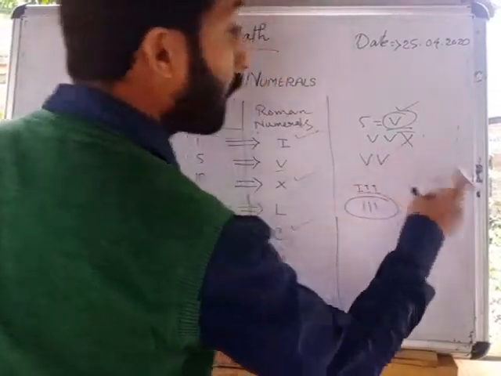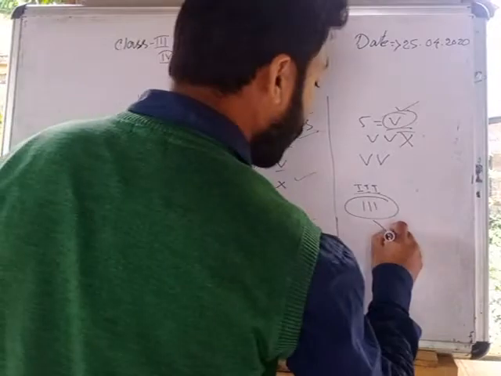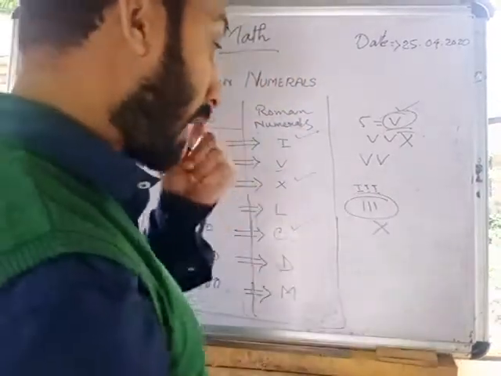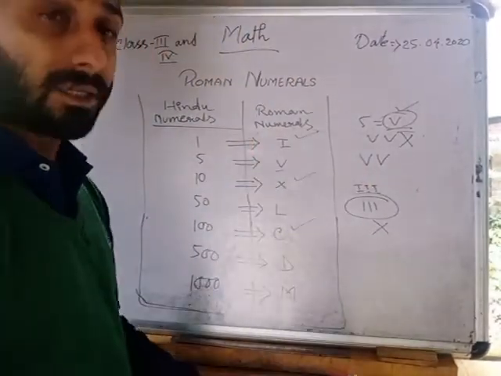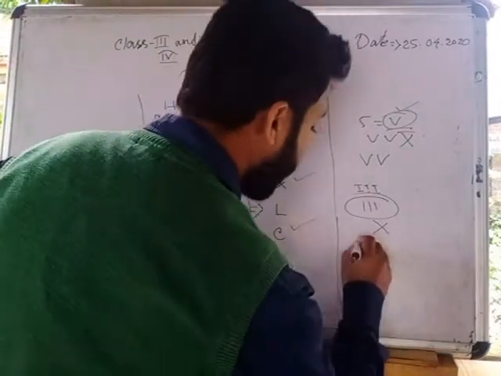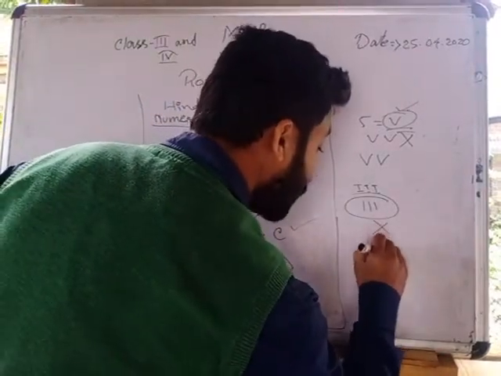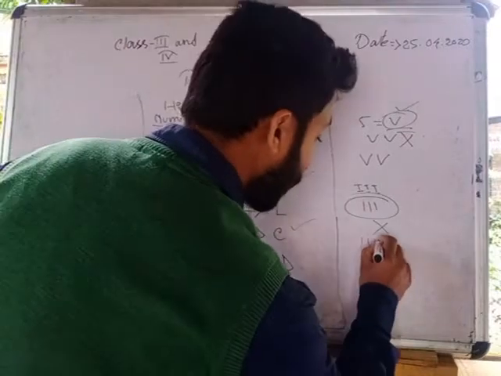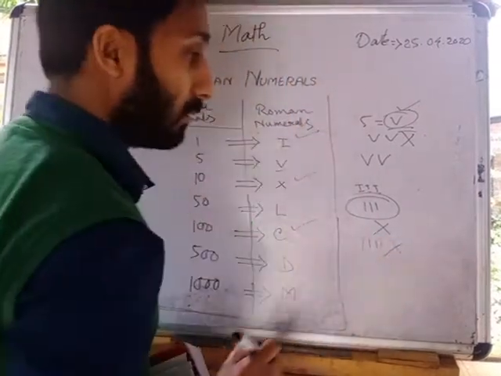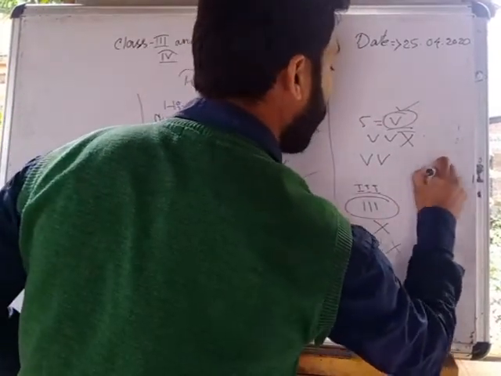You don't write it after 3 times. Just write 1, 2, maximum 3. If it is written 4 times, that is wrong. So we should write 4 like this.